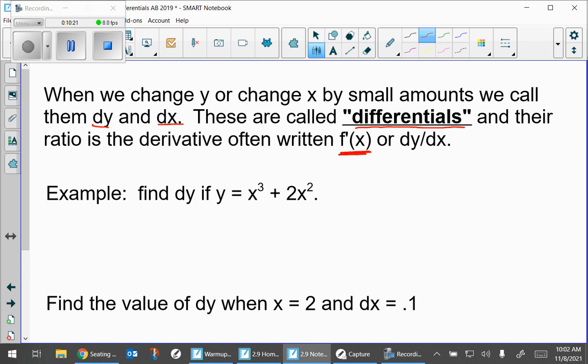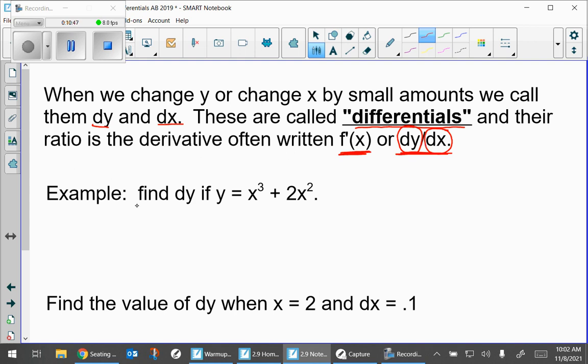Have you ever seen the derivative written as dy dx? Yeah, you've seen that, yeah? Good. And this is a small change in y divided by a small change in x. And that's what the derivative is. It's the slope. It's the small change in y divided by the small change in x.